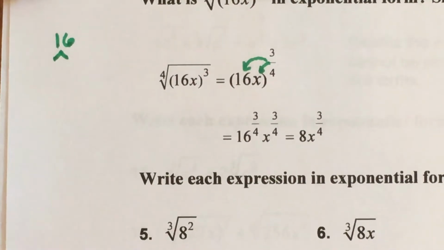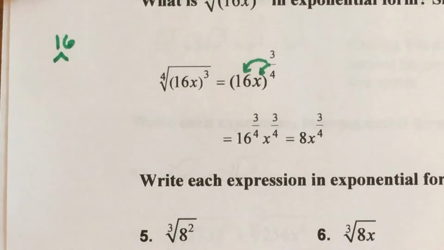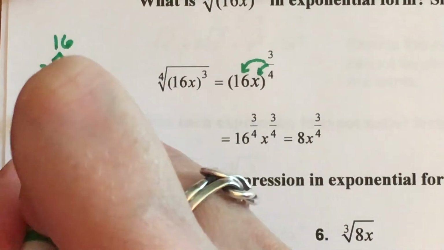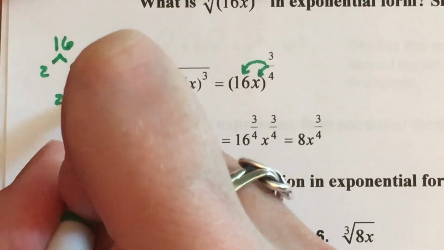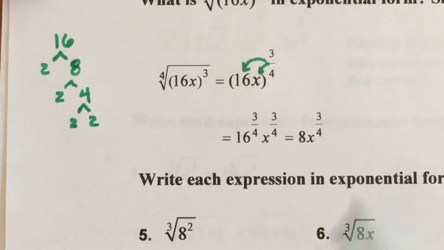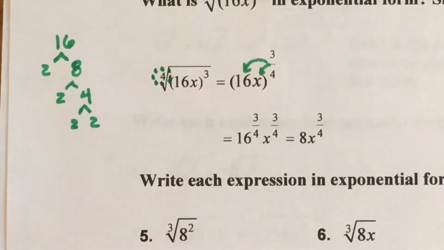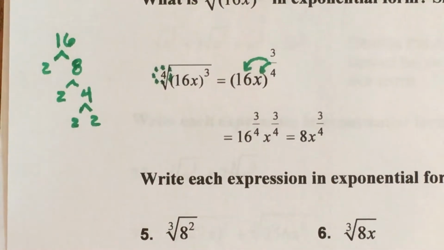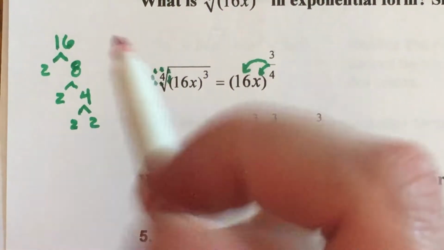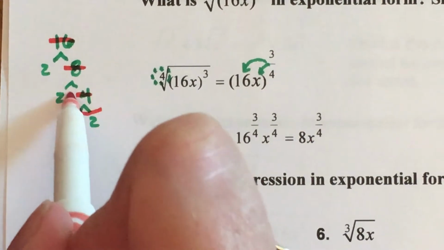I need 4 of the same number. Smallest thing for 16 is a 2. 8 comes from 2 and 4. 4 comes from 2 and 2. And this root says that I need 4 of the same thing in order to create a bundle. Well, I do, I have them. I'm not looking at the composites. I'm looking purely at the primes.